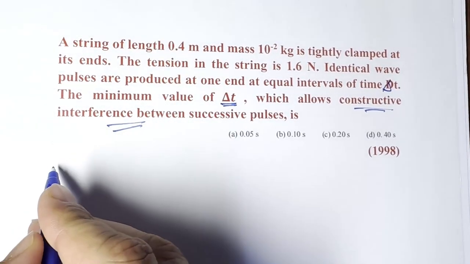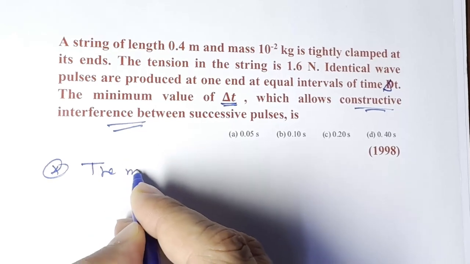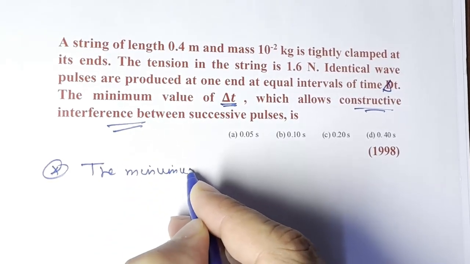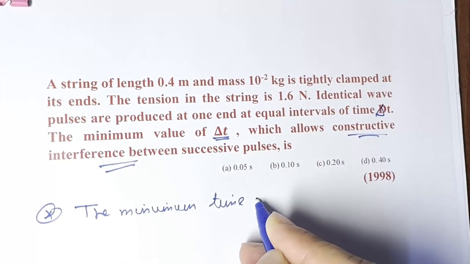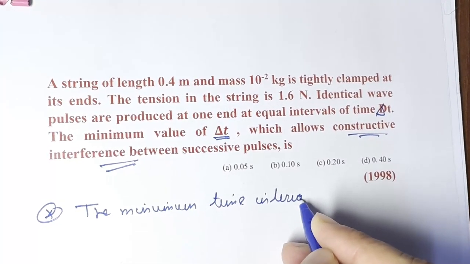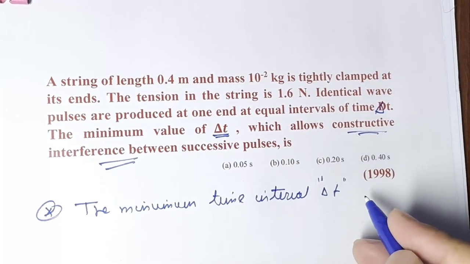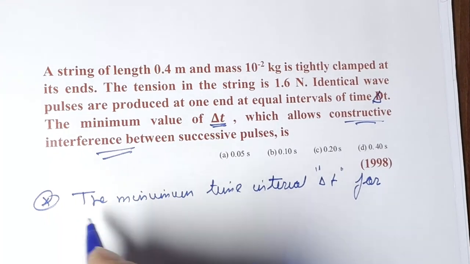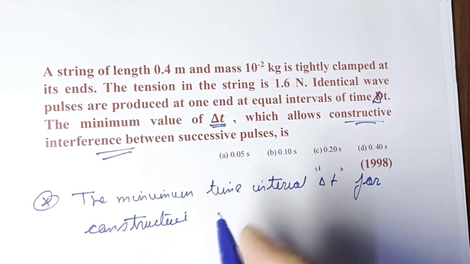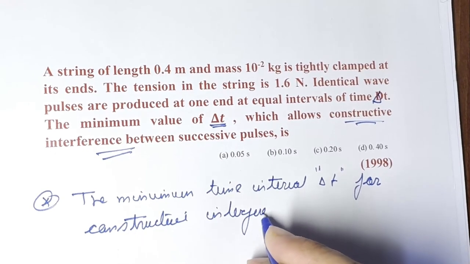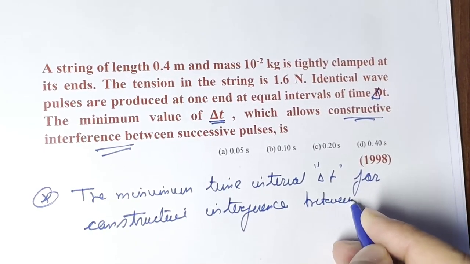So we start from the question itself: the minimum time interval, which we are supposed to call delta t, for constructive interference between successive pulses.